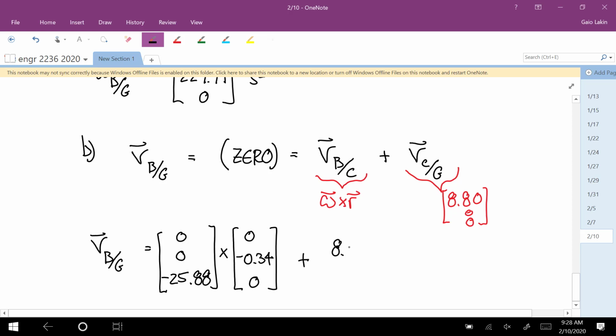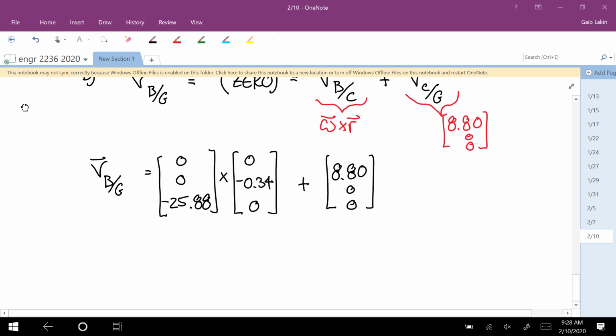And we're adding that to 8.8, 0, 0. If you do this calculation, you get minus 8.8, 0, 0. And so add those two together and you get the 0 vector.